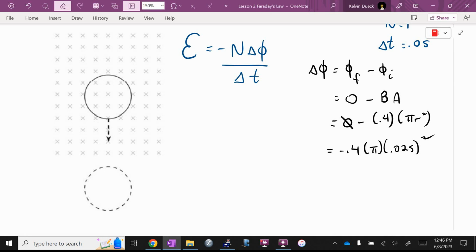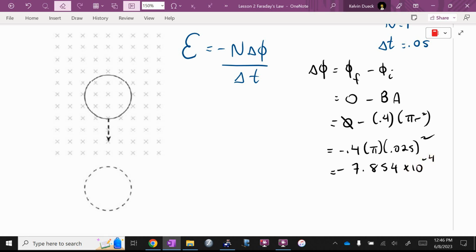Yep. It's got to be negative, isn't it? Okay, well, geez. Negative 7 point. I'm going to carry the extra sig figs because this is not my final answer. Times 10 to the negative 4.